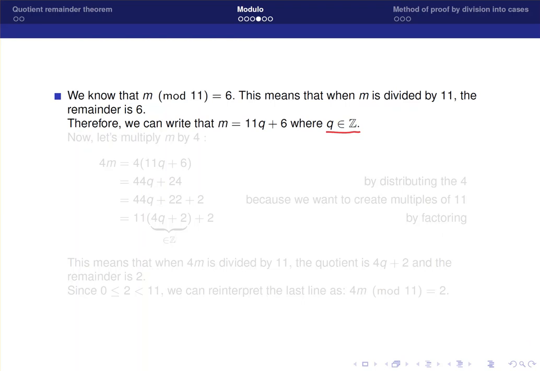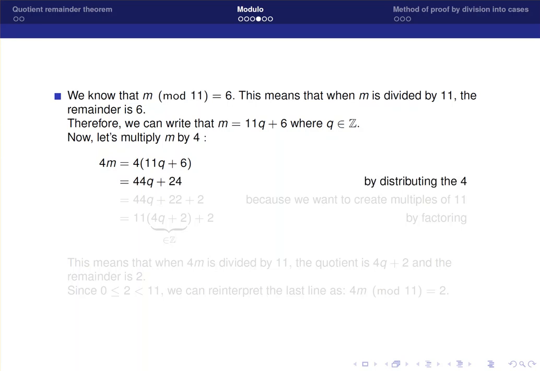Now, we would like to know what 4 times m has as a remainder when it's divided by 11. So let's multiply m by 4 and see what happens. Since m is 11q plus 6, when you multiply m by 4, that means you're multiplying 11q plus 6 by 4.